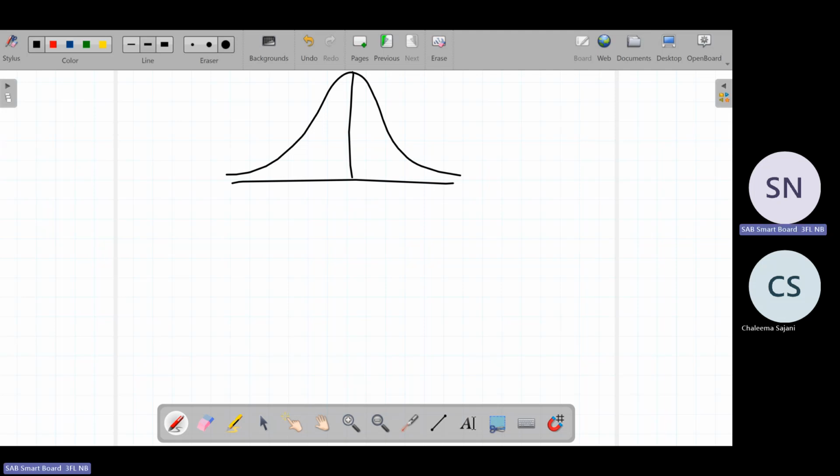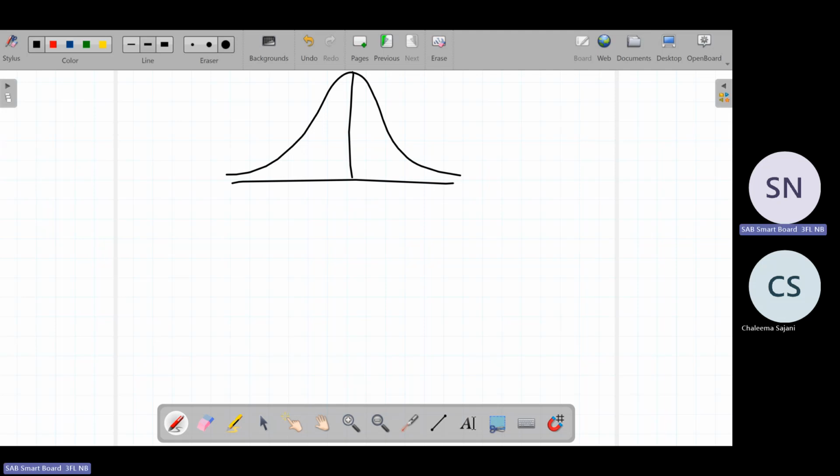There are 3. What are the 3 central tendency measurements?